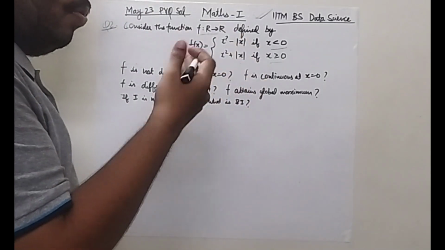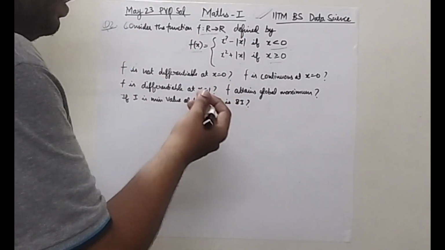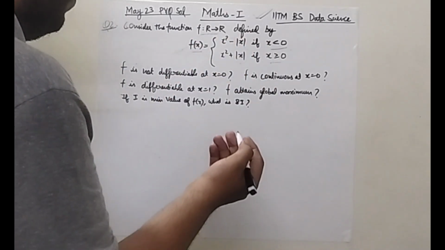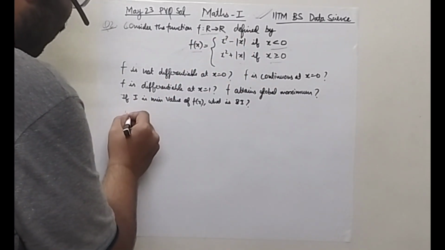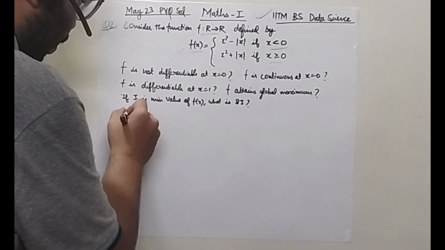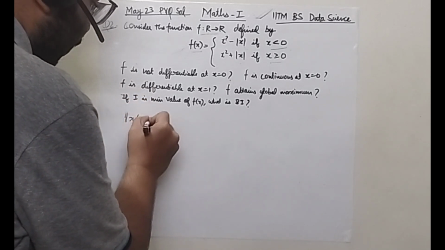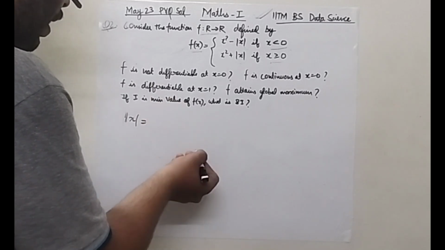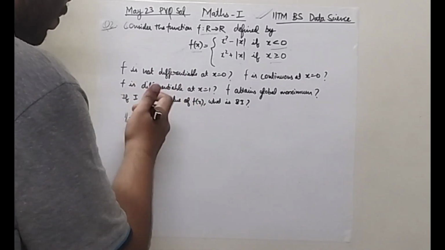Here some students generally get confused by seeing this mod x. So what does this mod x mean? If you don't know, mod x means that if x is negative, then it becomes positive, and even if it is positive, it stays positive.